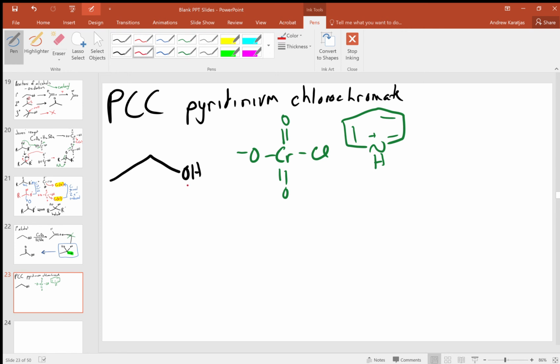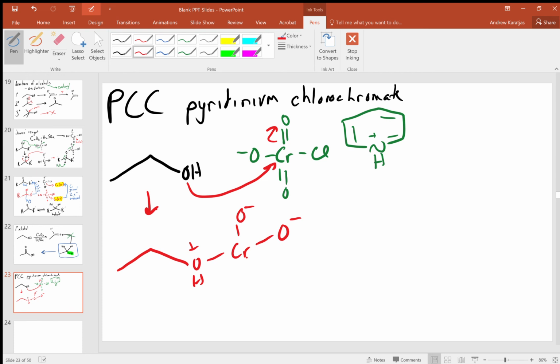So here, the alcohol attacks the chromium directly, to give us this intermediate, which then kicks out a chlorine. Also, at some point during this process, this hydrogen is lost.